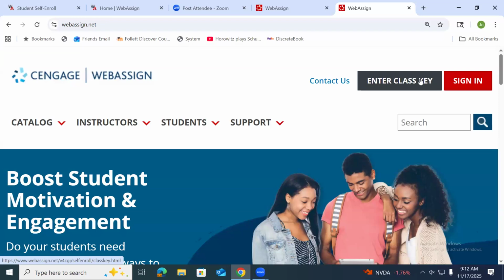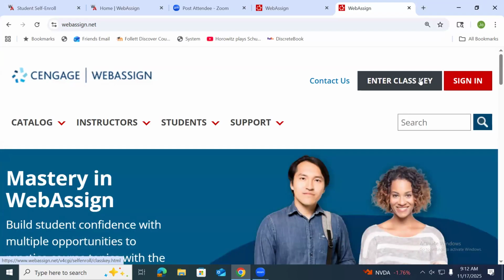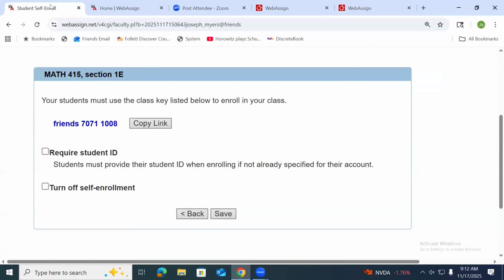I don't think this class only requires college algebra, and this particular software is not used for college algebra. But some of you might have had classes already that did use this website. And if you already used it, then you would have a login already. But after you enter the class key, create an account if you need to, and then you'll be able to get into that early section.